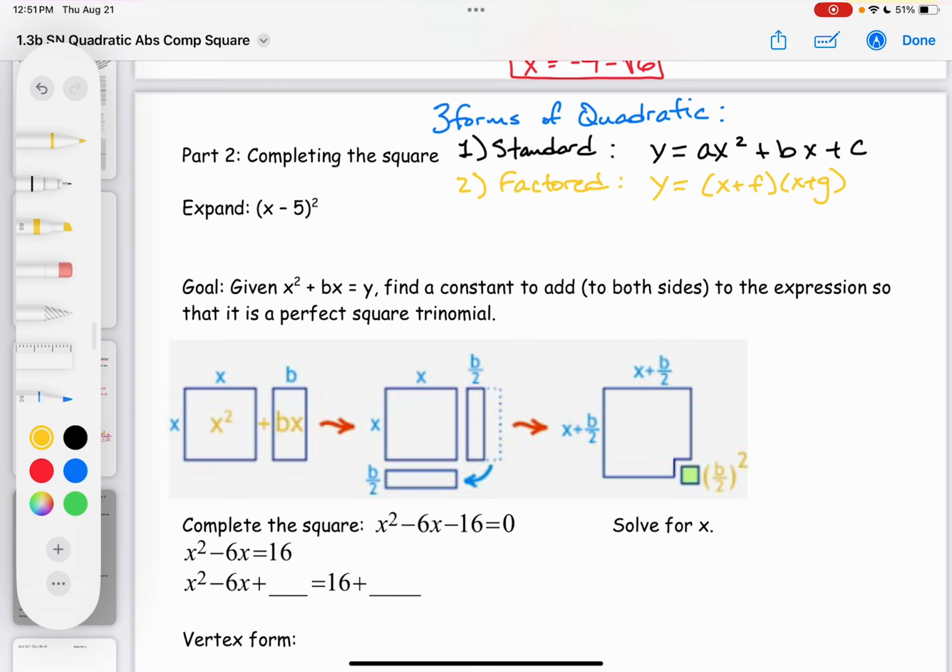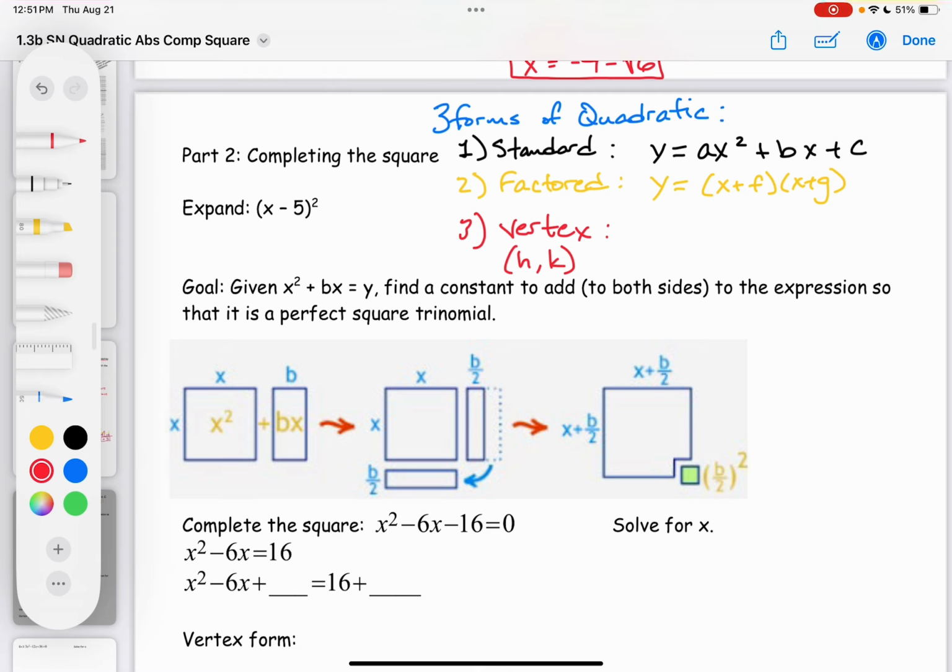And lastly, the one that we're going to use quite a bit today is our vertex form. You can guess from the name that it's useful because it contains the vertex. The vertex is usually signified by the point (h, k). If you plot the h and the k as your x and your y and mark that point, that is the turning point of your quadratic.